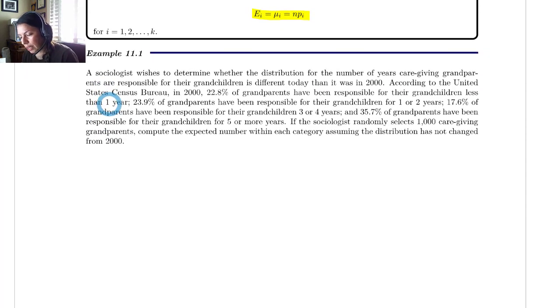So let's just take a look at an example. Here, a sociologist wishes to determine whether the distribution for the number of years caregiving grandparents are responsible for their grandchildren is different today than it was in 2000.